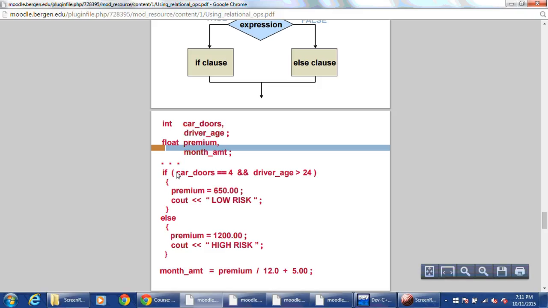We ask the question here: is car doors equal to 4? Whatever the answer is, say it's true. Is driver age greater than 24? Say for instance it was true. So then you have true and true. You have to go back to your rules of the AND logical operator. In what particular instance is an AND going to evaluate to true? When they're both true. True and true will give you true.